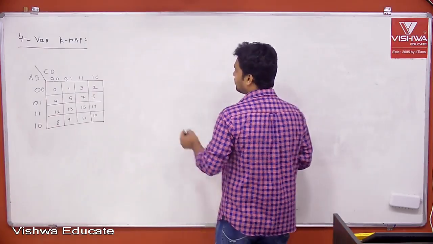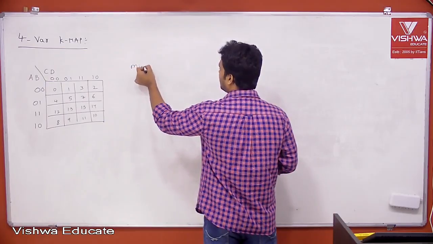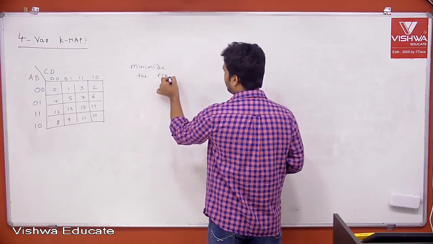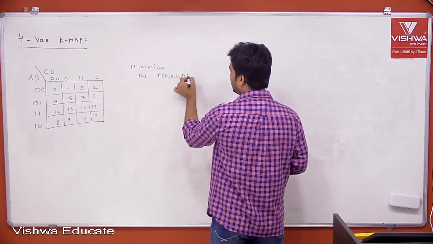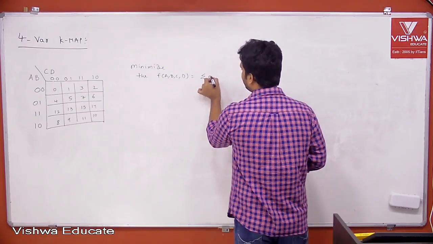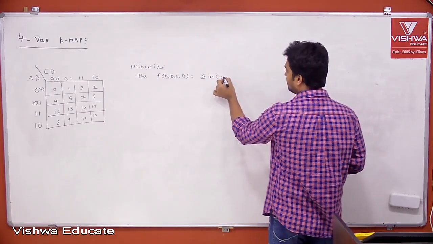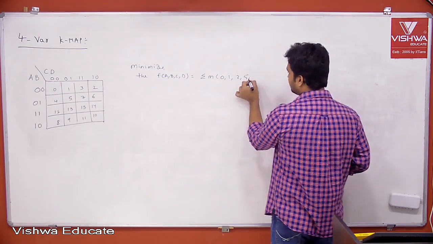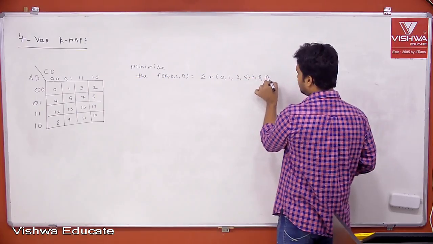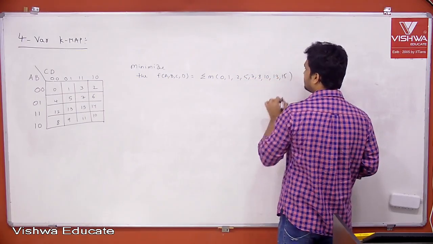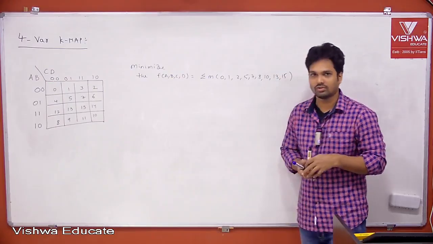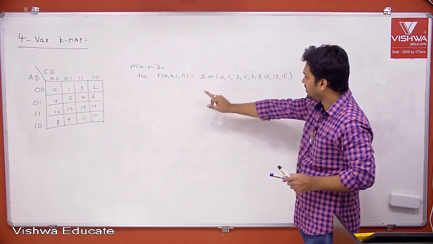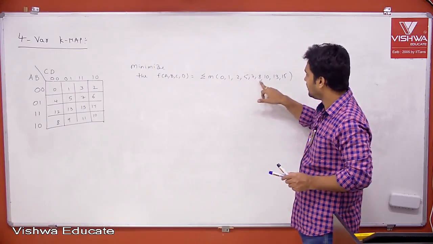Now let us take one example. Minimize the function f of a, b, c, d equal to sum of the minterms 0, 1, 2, 5, 7, 8, 10, 13, 15. Let us do this question. Okay, first listen. We need to minimize the function f of a, b, c, d equal to sum of the minterms 0, 1, 2, 5, 7, 8, 10, 13, 15.